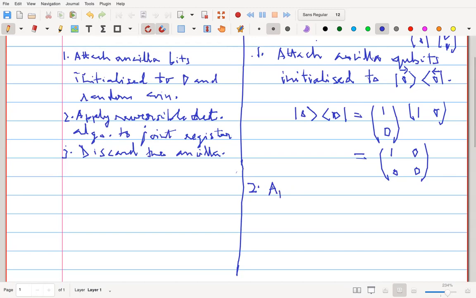So now I'm going to apply a unitary transformation.